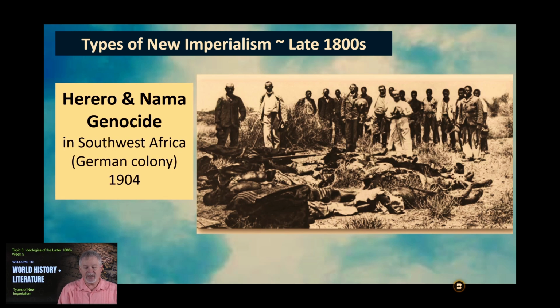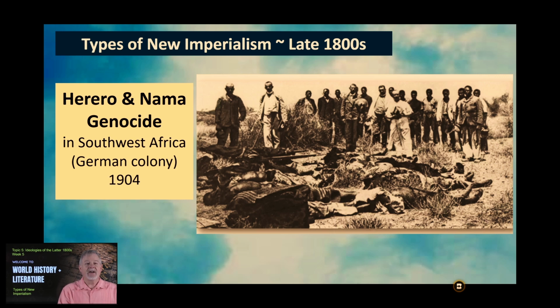Another one took place a little bit later. This was in 1904, the Herero and Nama genocide. It took place in Southwest Africa. This was a German colony, and had been since the 70s and 80s of the 1800s.